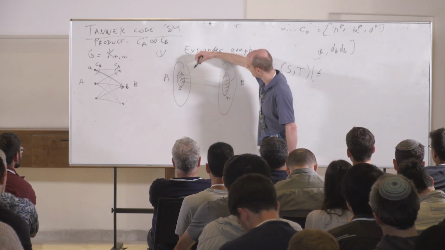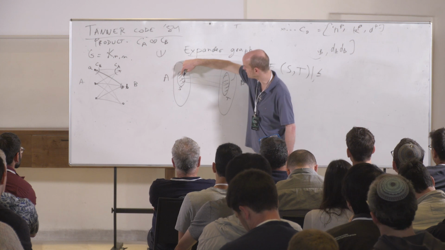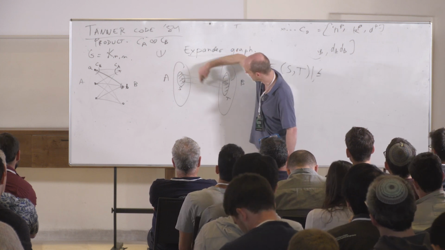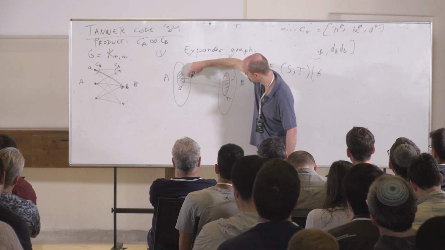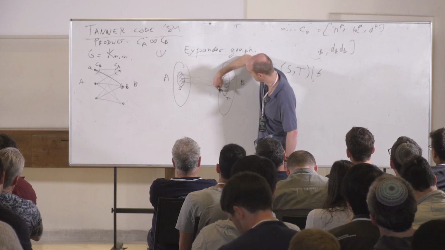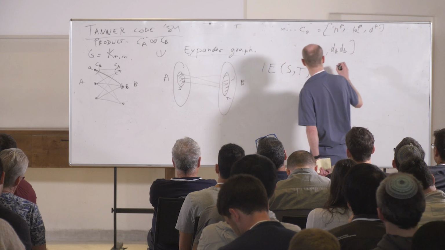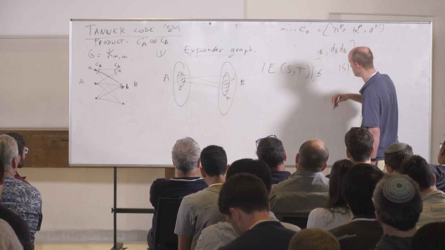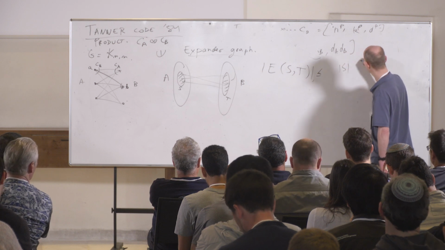I start with any point in S, and I want to see the expected number of edges that will land in T. What's the probability of getting into T?